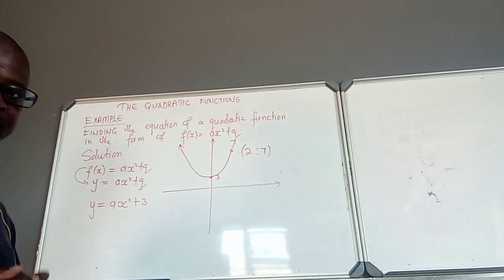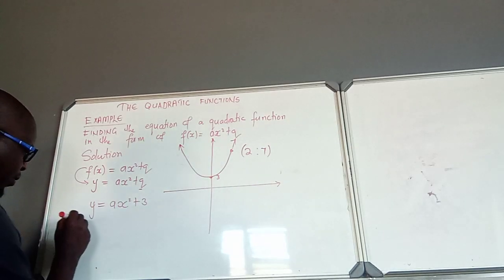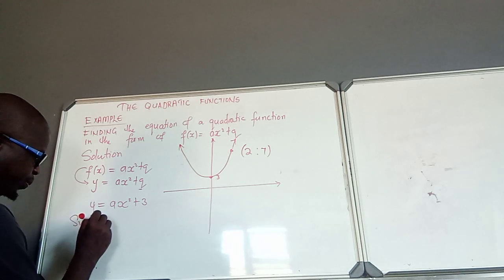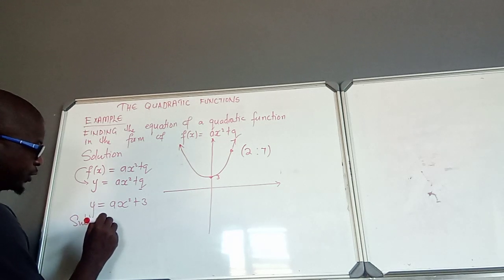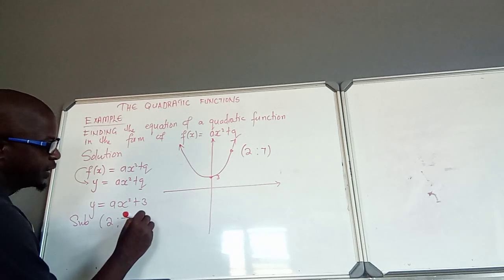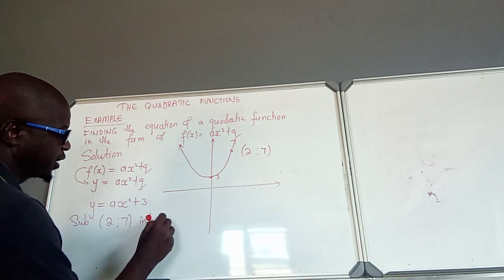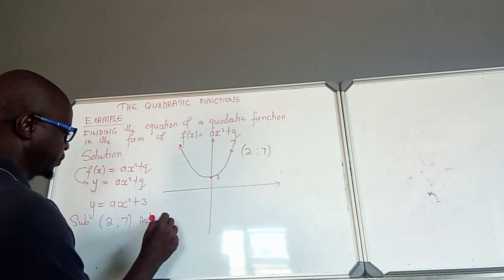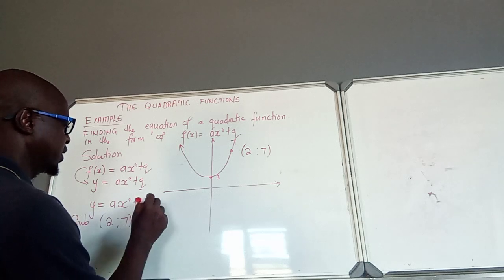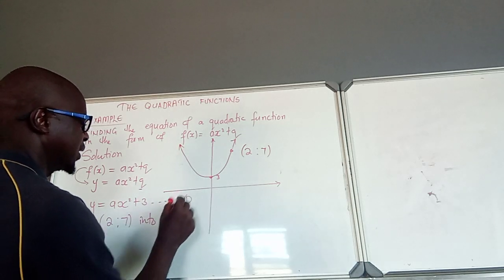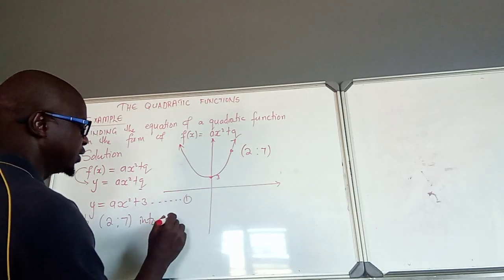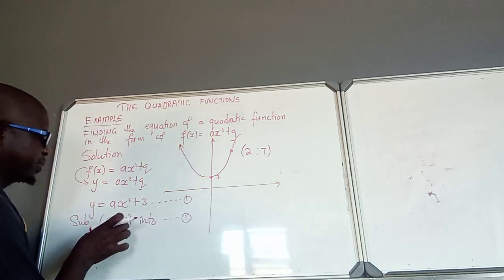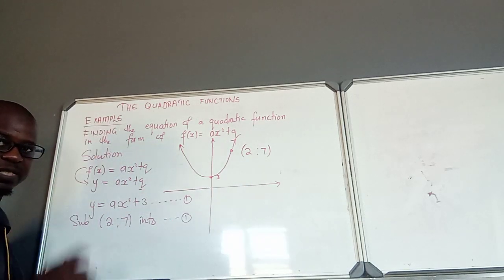And what is our next step? Our next step is to substitute the point (2, 7) into the equation. If I call this one equation 1, let me substitute that into 1. So I'm taking this point and replacing it there.